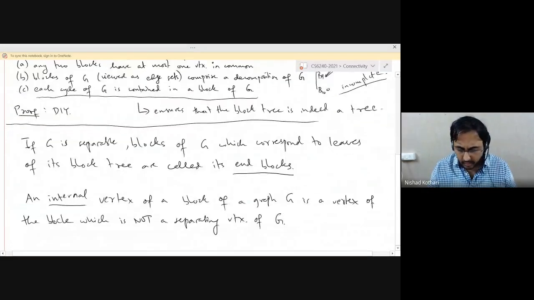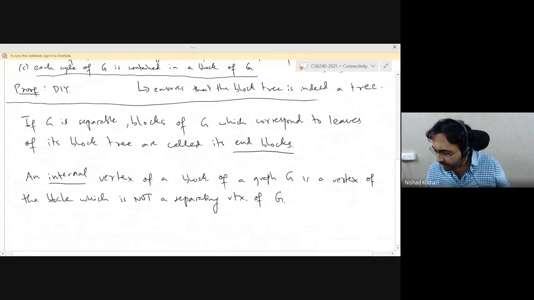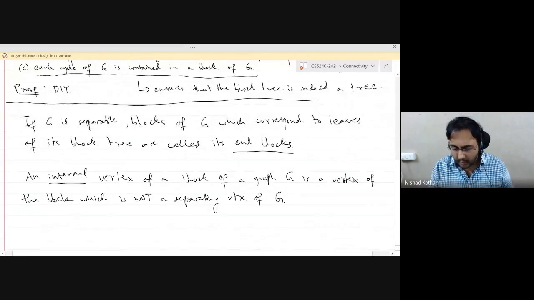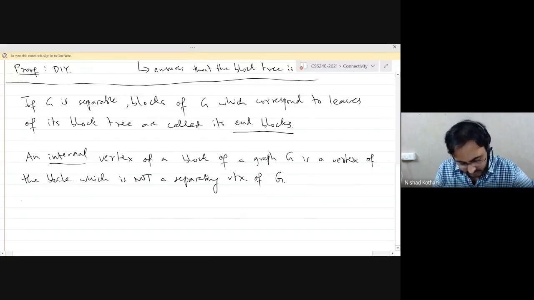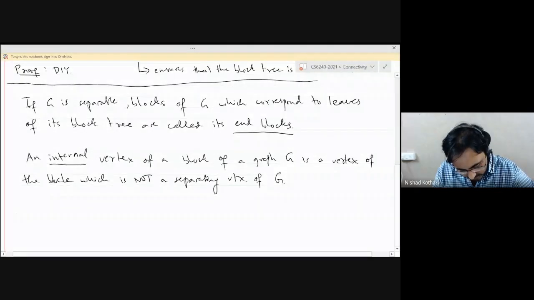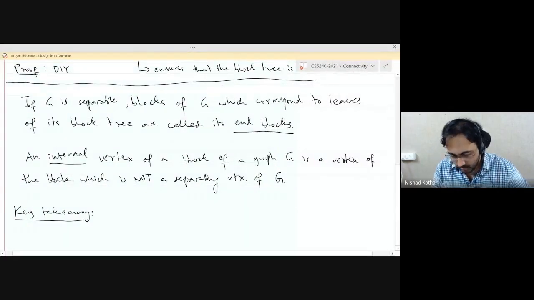Okay, and why do we care about blocks and the block tree of the graph? The main point here, let's call this the key takeaway, and I'll give you one example of it, which will again be a do-it-yourself exercise.